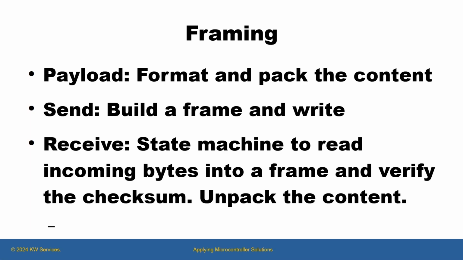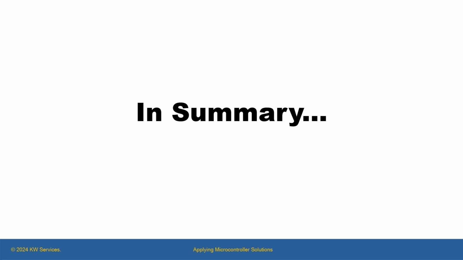In this video, we learned to build frames, byte stuff it, and send it, whereupon the destination uses a finite state machine to parse the incoming bytes. In summary, framing our message provides a managed approach to sending and receiving messages across serial connections.